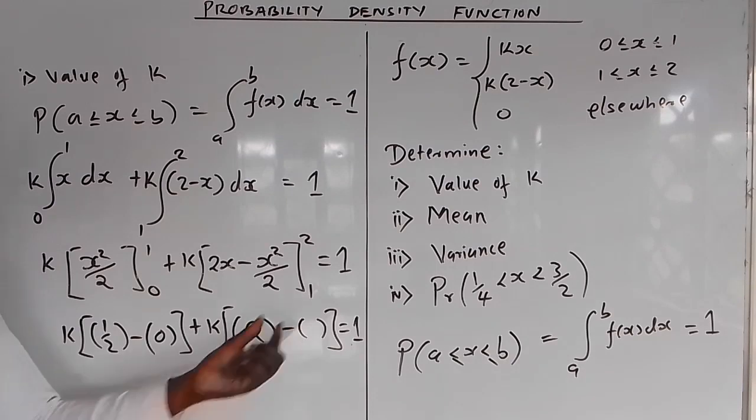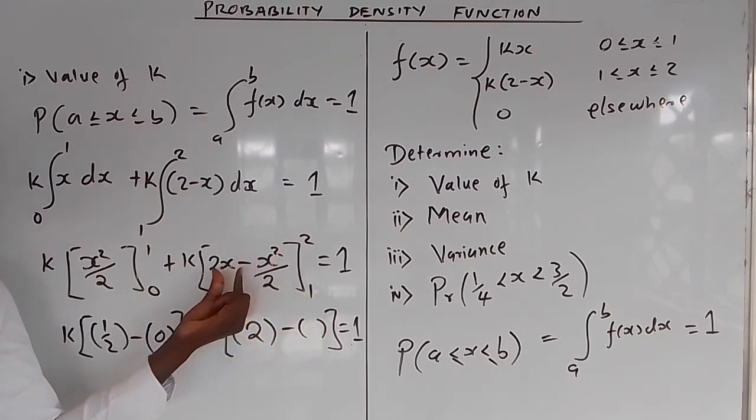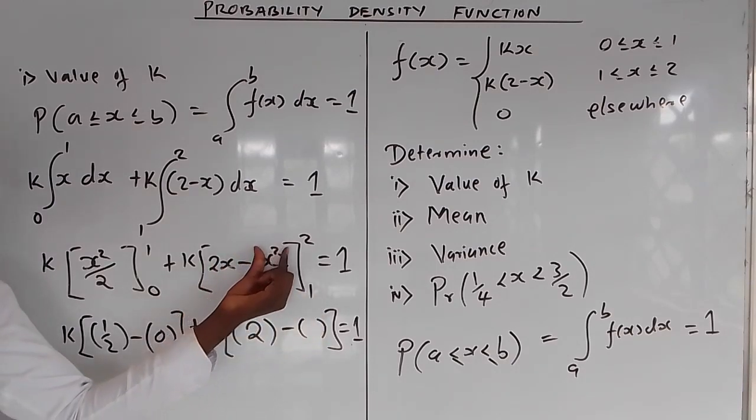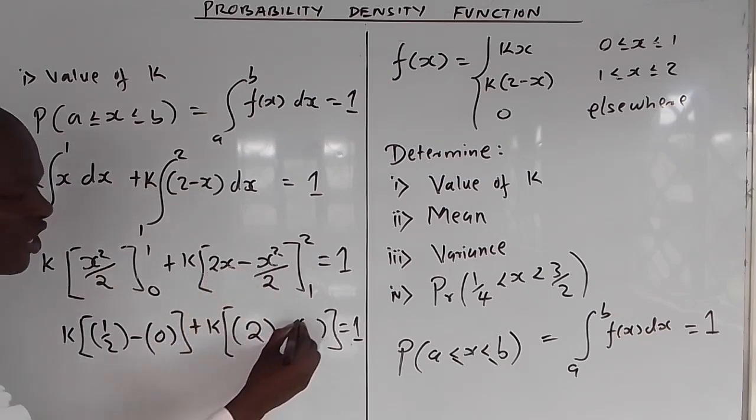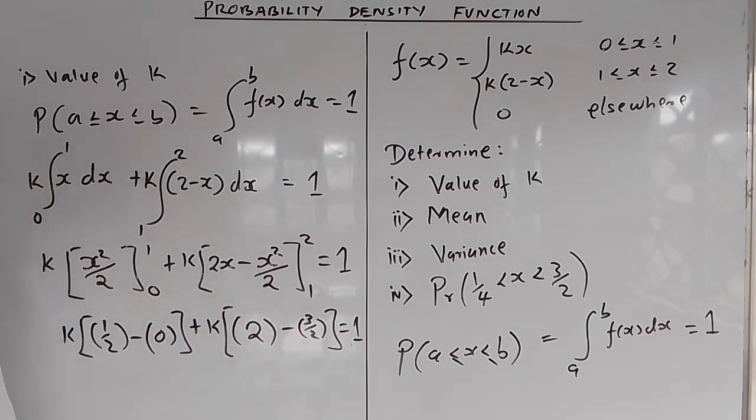That is the upper limit. For the lower limit, put 1: 1 times 2 is 2, and 1 squared over 2 is a half, so 2 minus a half is 3 over 2.